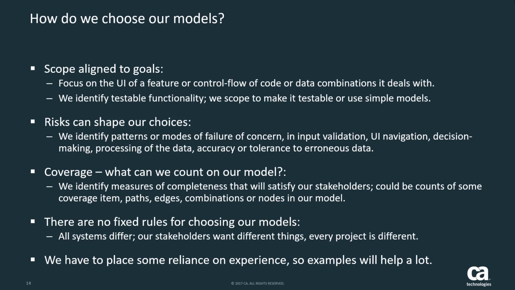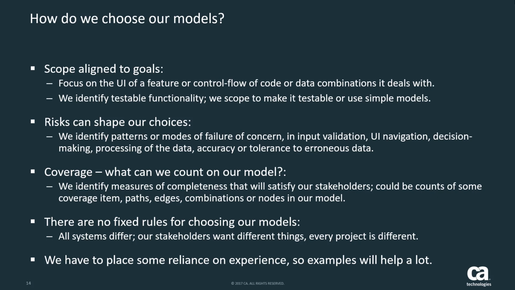So coverage is critical to our understanding of how our model articulates the amount of testing we do in that respect. We can identify measures of completeness by counting things in our model. So for example, if our model is a flowchart, we can count processes on the model, all processes coverage perhaps. We can count the outcomes of decisions.